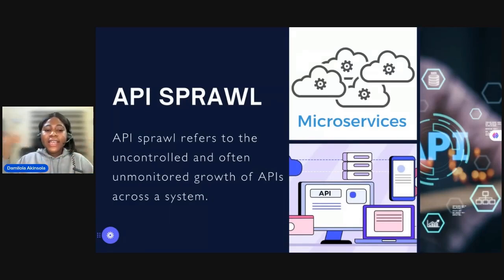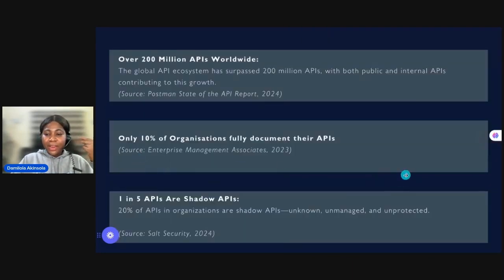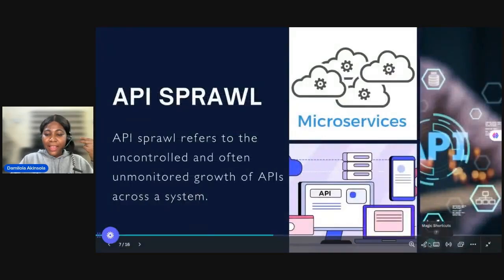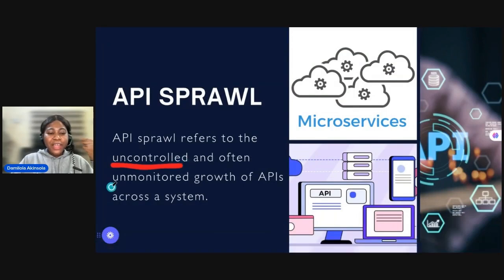Now, what is the technical definition of API sprawl? According to some AI out there, API sprawl refers to the uncontrolled and often unmonitored growth of APIs across a system. The two keywords I want us to look at here are uncontrolled and unmonitored.